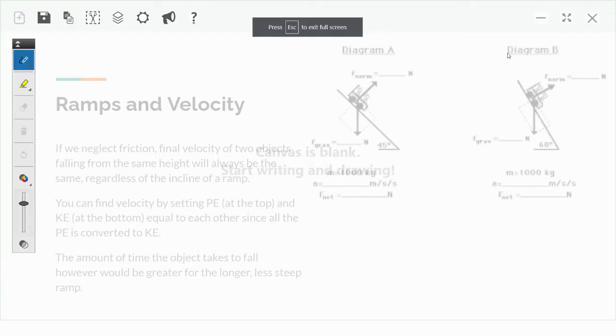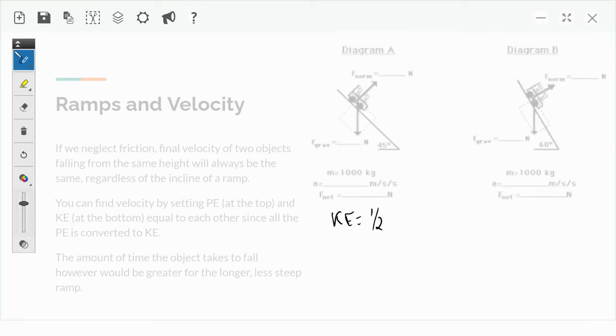So if we look at, again, kinetic energy is 1/2 mv squared, and potential energy is mgh. Like I said, as we start at the top, we have all potential energy, right?